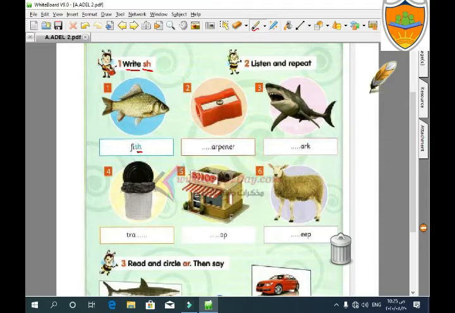Sharpener, right, SH, sharpener. Picture number 3, shark. This is shark. Number 4, trash. 5, shop. And number 6, sheep.